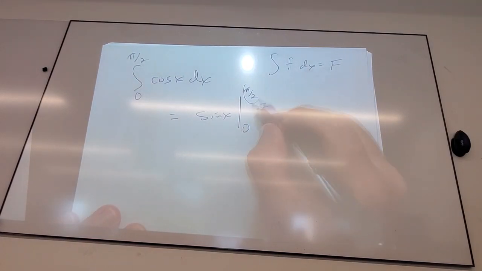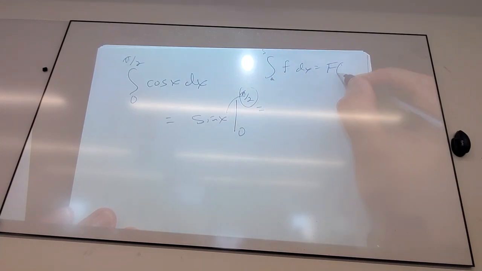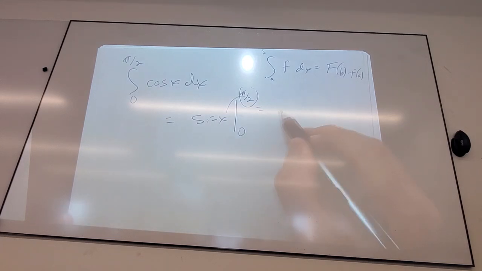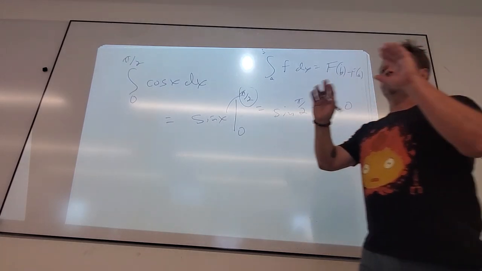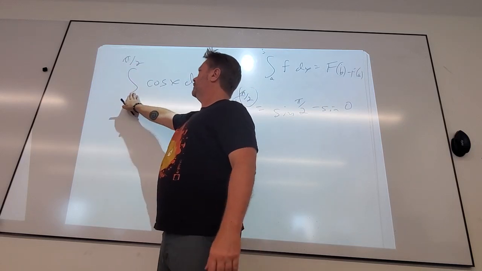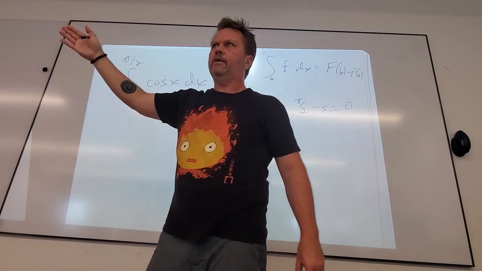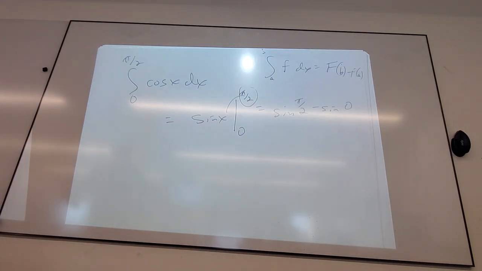So I'm doing big F evaluated at the top minus big F evaluated at the bottom: sine evaluated at the top minus sine evaluated at the bottom. That's how these always work. By the way, we call these definite integrals, and if I'm missing these limits, we call them indefinite integrals. An indefinite integral is just an antiderivative. A definite integral is one step more.